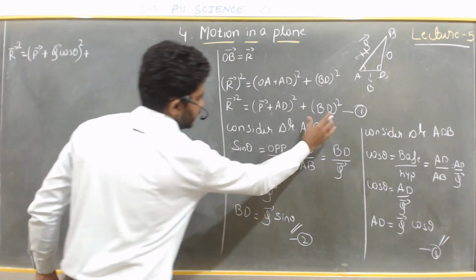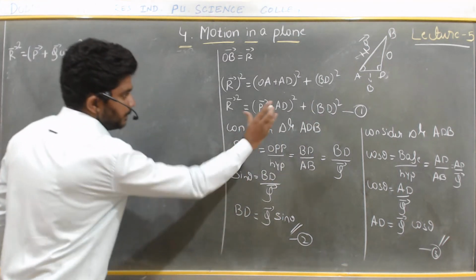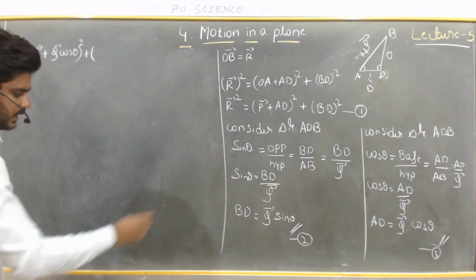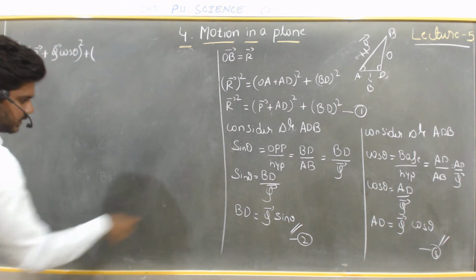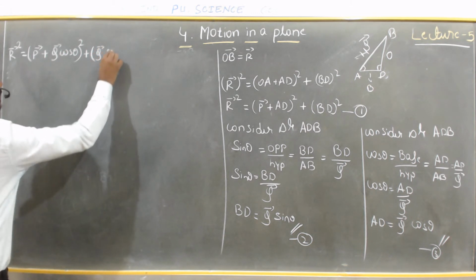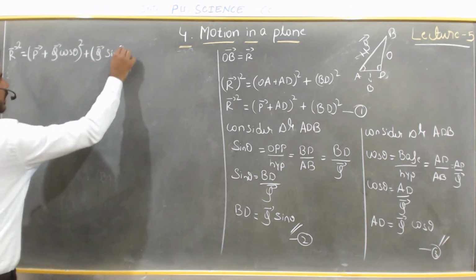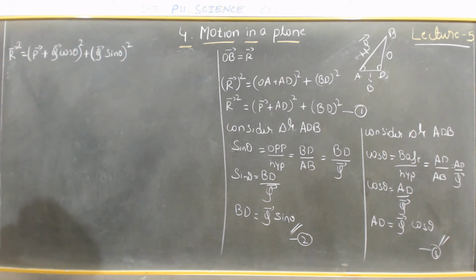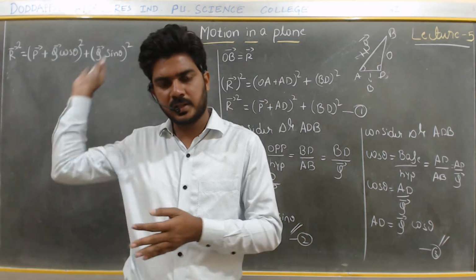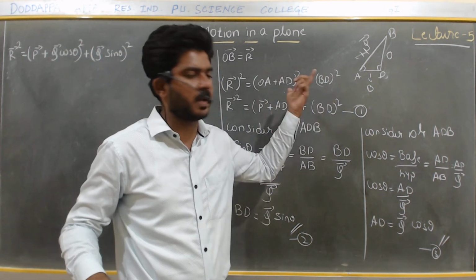Next we have the BD value, BD square. So put a bracket, and in that write Q vector sin theta, and make a square. The triangle of addition is the same again, but here it is the triangle for the parallelogram.